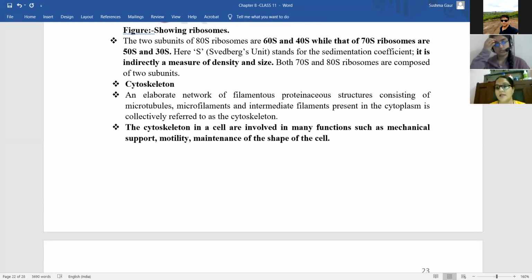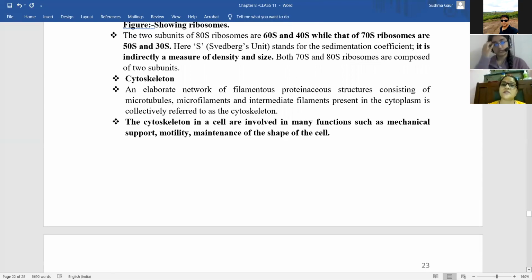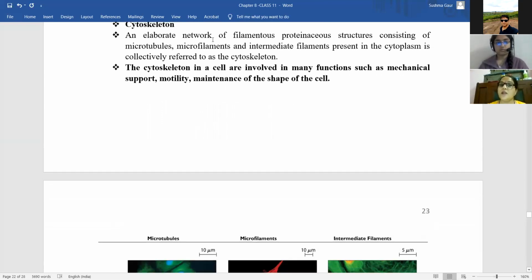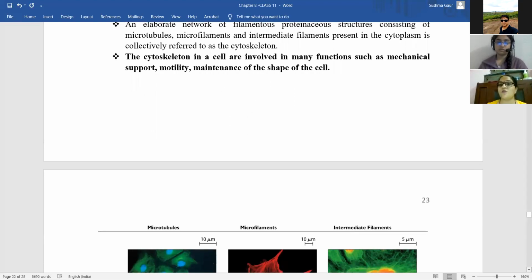Okay, and the last is cytoskeleton. So what is the cytoskeleton? It is an elaborate network of filamentous proteinaceous structures that consist of microtubules, microfilaments, and intermediate filaments. So the cytoskeleton is a filamentous structure made up of three types of structures: microtubules, microfilaments, and intermediate filaments, that are present in the cytoplasm and collectively known as the cytoskeleton.